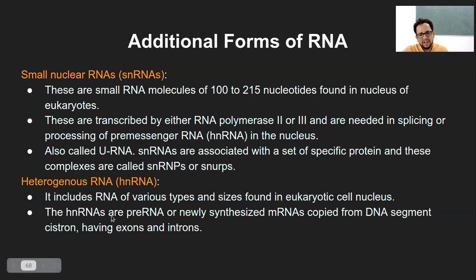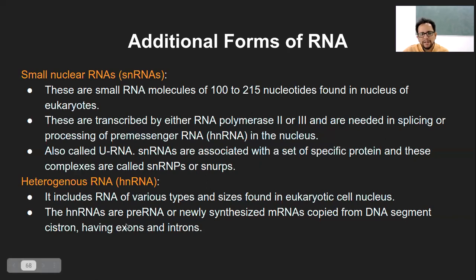These hnRNAs are the pre-mRNAs, or newly synthesized mRNAs copied from the DNA segment. They are called heterogeneous because they are of different sizes. One can be 500 base pairs, another 1000, another 5000, depending on what protein they are going to code for. So that way they are different.